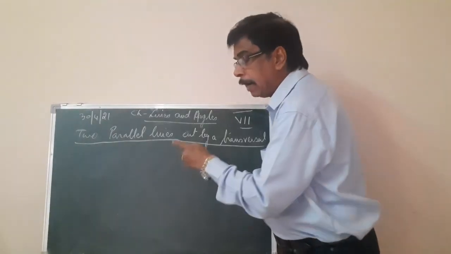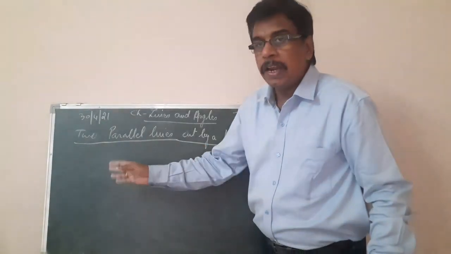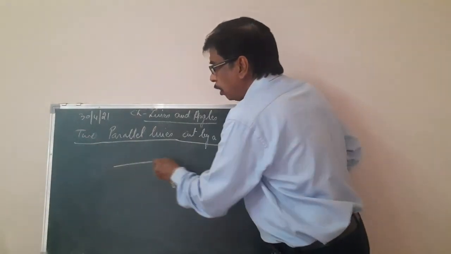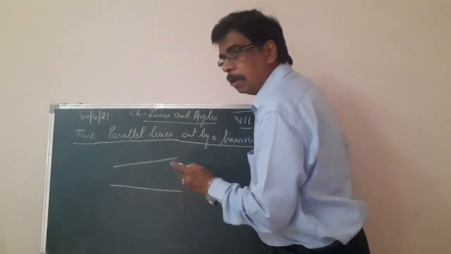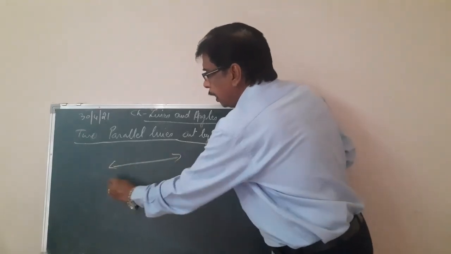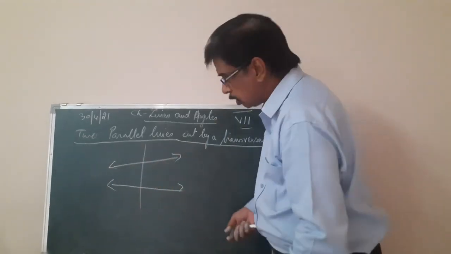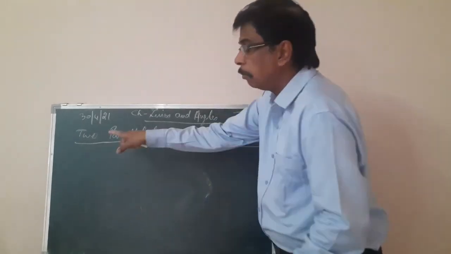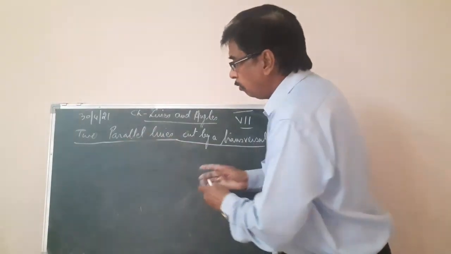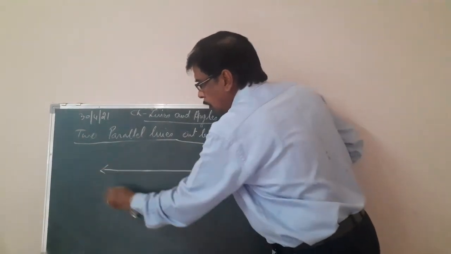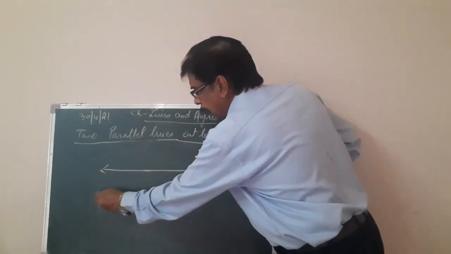Now if the lines are parallel, in those cases which I explained, the lines may be parallel, may not be parallel. That is why in the figures I have drawn, one line is like this way, one line like this way, because the lines are not parallel, and they are cut by a transversal. But now we are discussing about two parallel lines. So if the lines are parallel now, this is one line L and this is another line M.